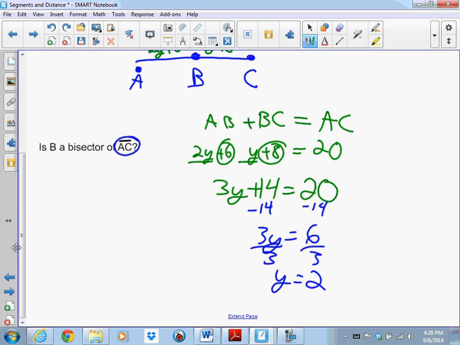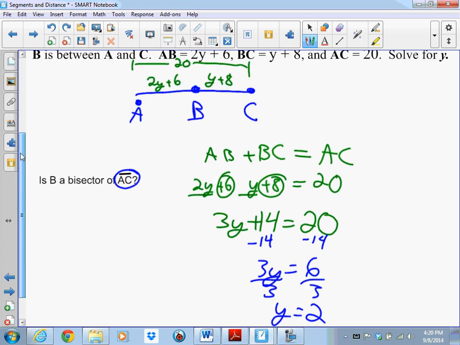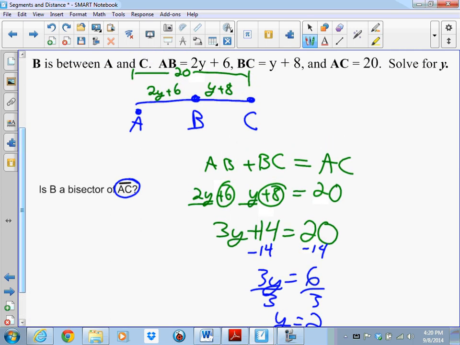Now we have y is 2, but that doesn't tell me whether it's a bisector or not, so I'm going to plug it back in. 2 times 2 plus 6, that's 4 plus 6, which is 10. So AB is 10. And then 2 plus 8 is 10. So now we know it is a bisector. It is the midpoint of that segment.